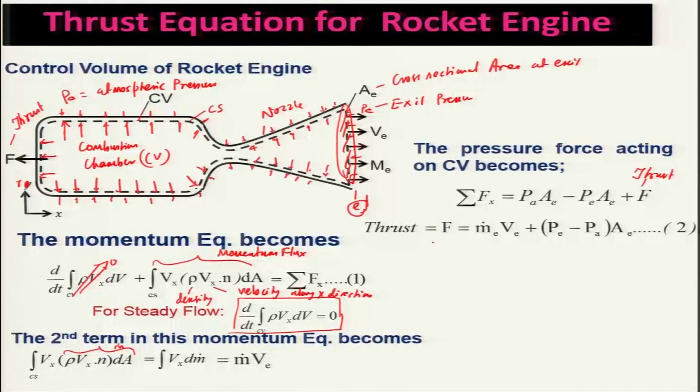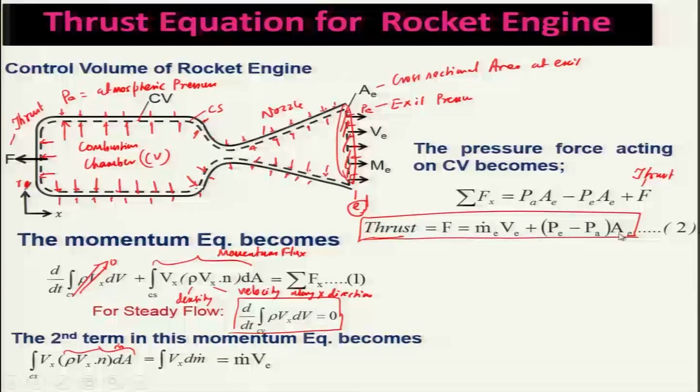So when I substitute in equation 1, I will get F equal to m dot V E plus (P E minus P A) into A E, and this is nothing but your thrust. Keep in mind that this is a very important expression for thrust.